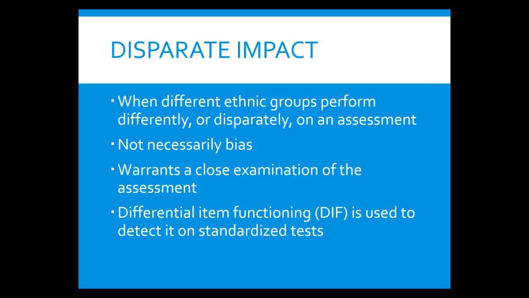Differential item functioning is a psychometric technique used to detect whether a particular item is behaving in unexpected ways for a particular subgroup of students relative to the entire set of items. While disparate impact remains a controversial topic, widespread use of DIF has allowed standardized test makers to identify and remove specific items that subgroups perform poorly on relative to the rest of the items.